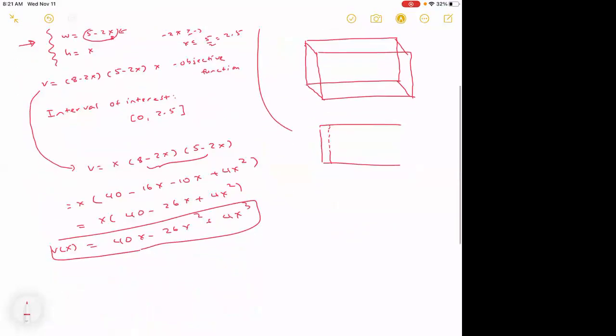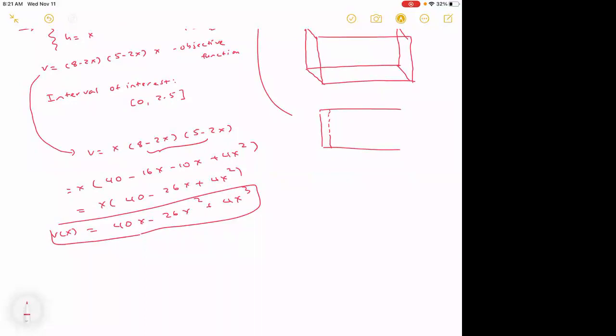Now what do you do? So we have a volume function. Find the derivative. 40 minus 52x plus 12x squared. Right? Now what do you do? You solve this equation for x.